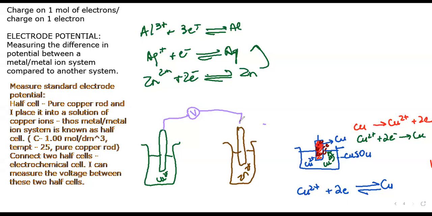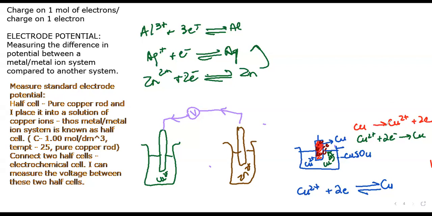The electrons will flow around this external circuit from the metal with more negative electrode potential. So if zinc is the one that has more negative electrode potential, the electrons will flow from the more negative one towards the more positive one.